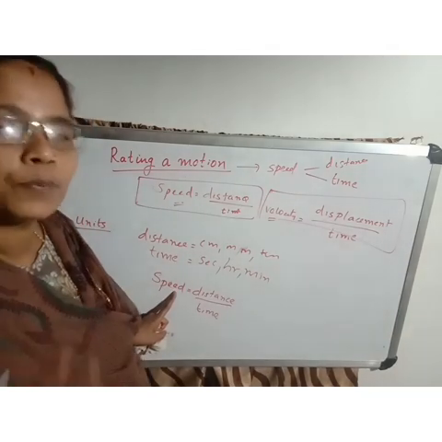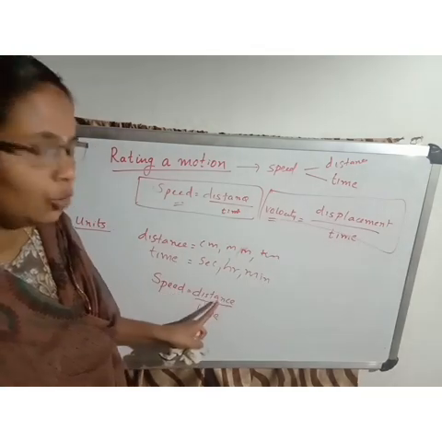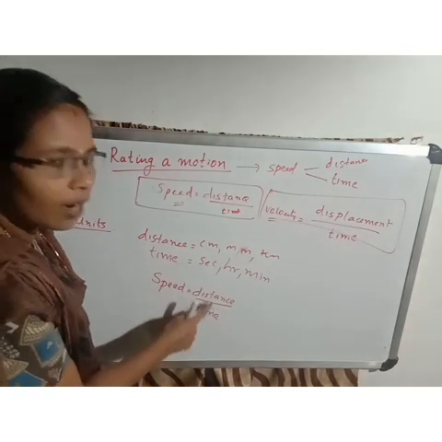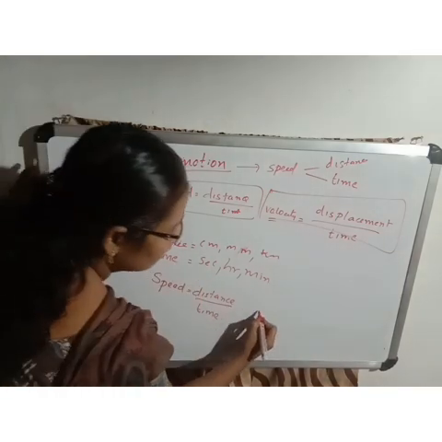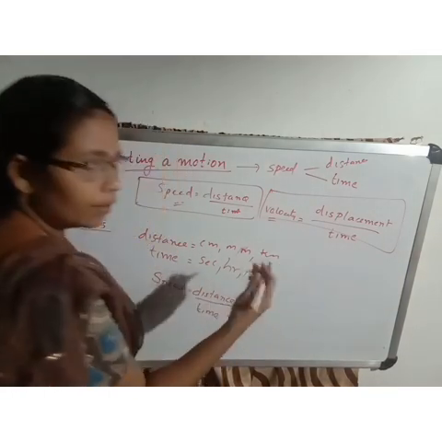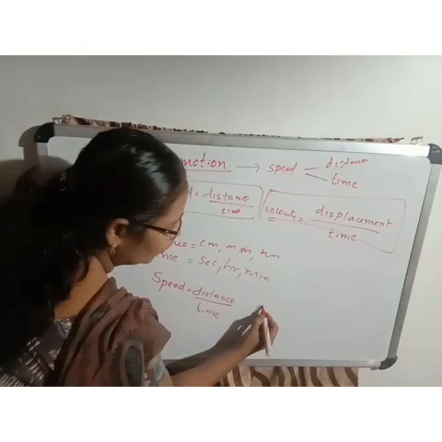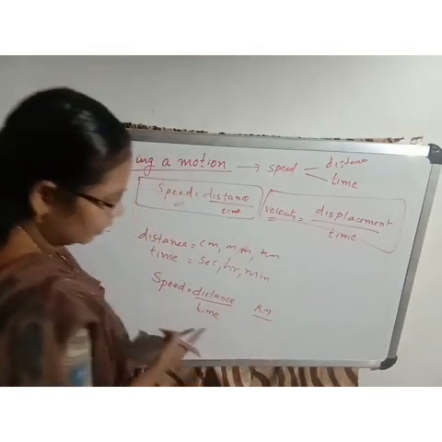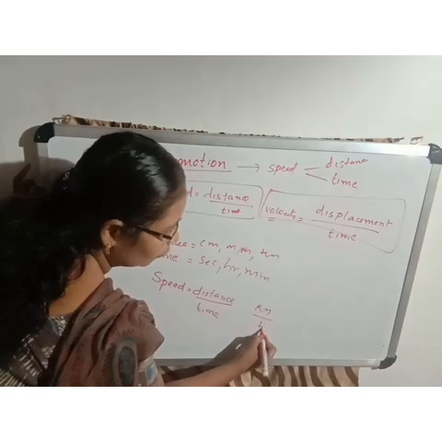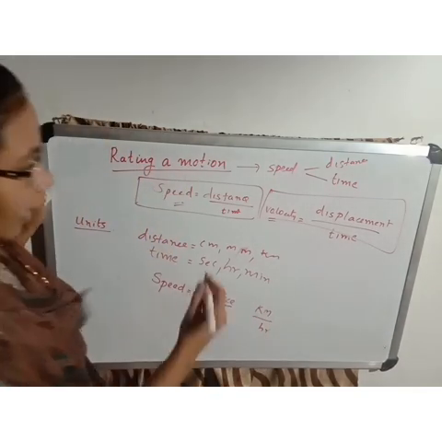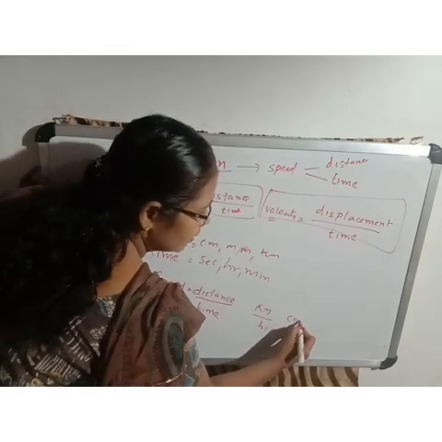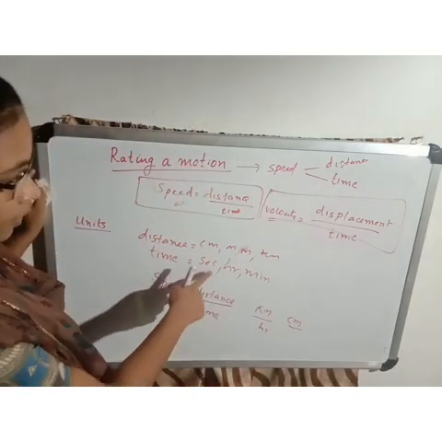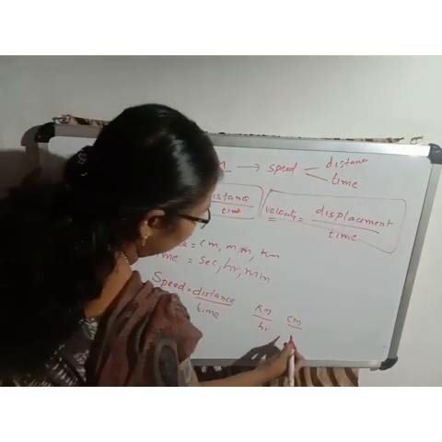The next step is to write the unit of each quantity in this equation. Distance sometimes has the unit kilometer, and time has the unit hour. If we take distance in centimeter, we can take time in second.